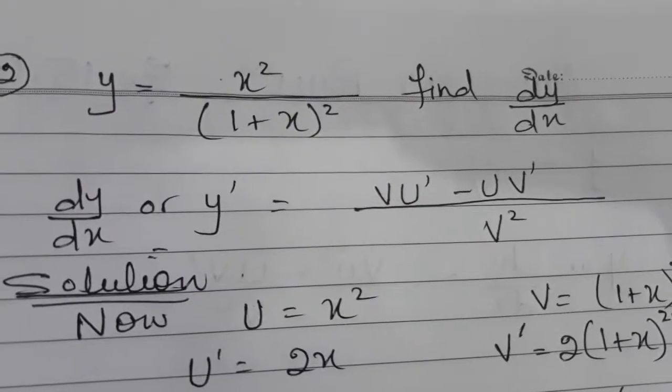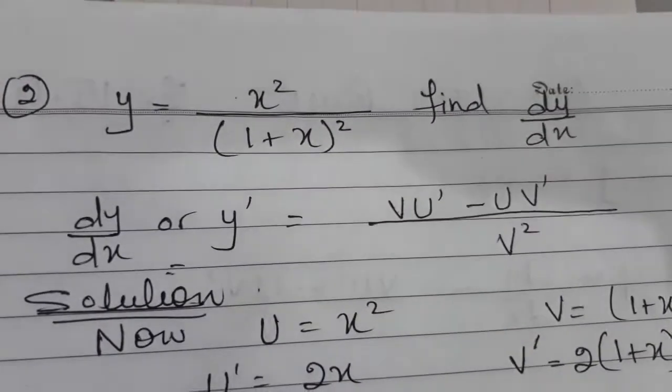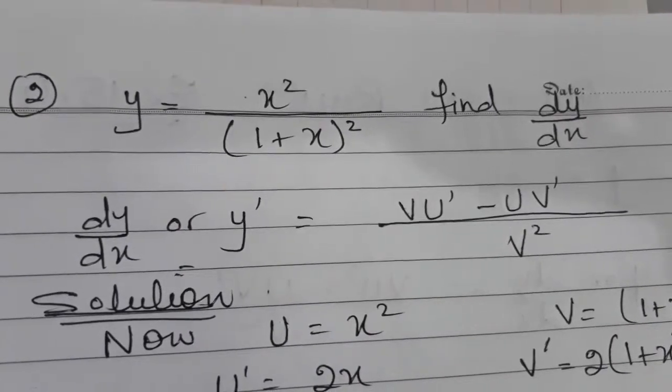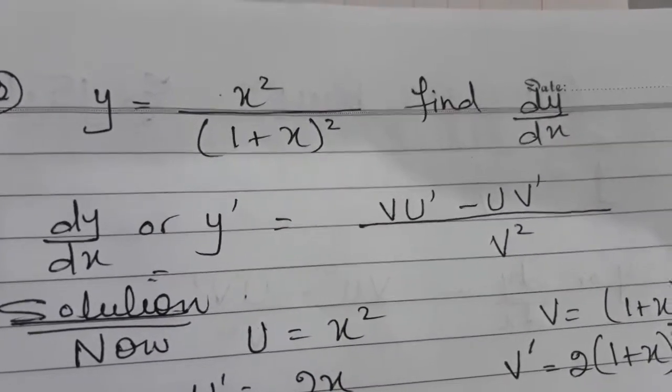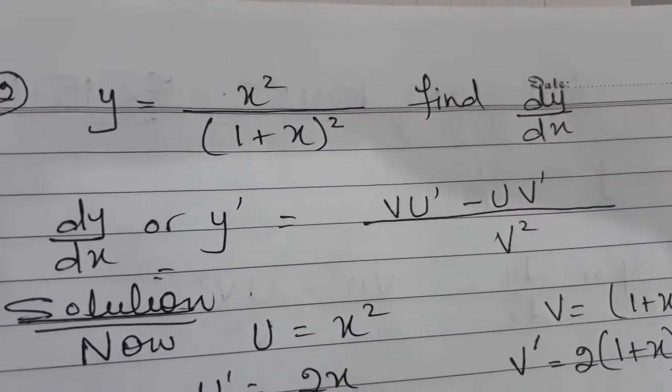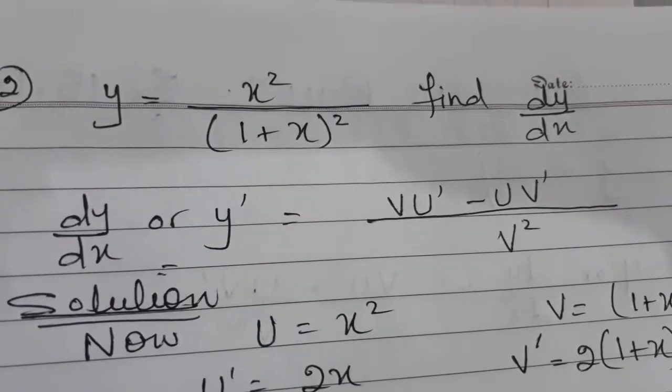So what do they do? They change the quotient function into a product function. I'll show you how. The same example I will solve by the product rule now, okay? And we will get the same answer. So whatever you find easy, apply that method. There's no harm doing whatever you like.